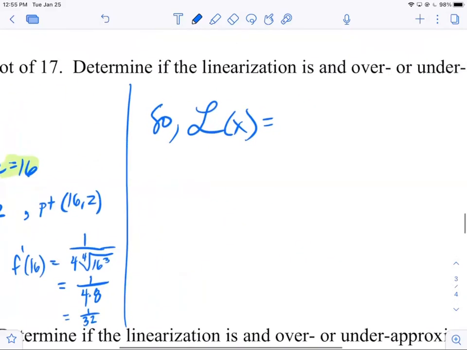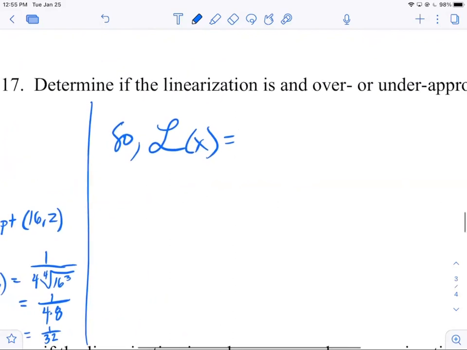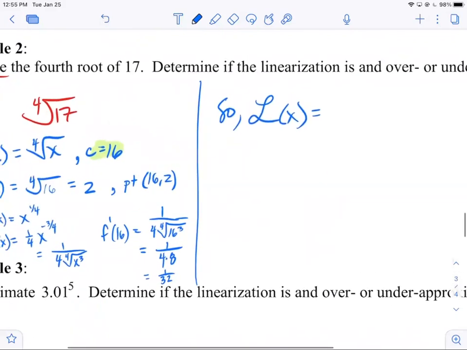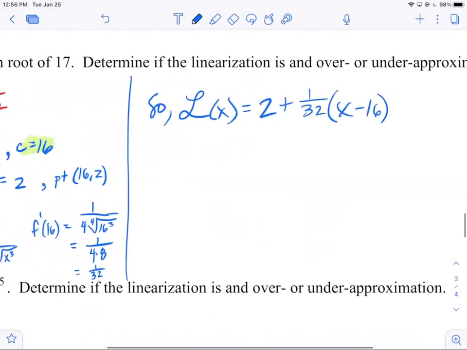I'm defining what L of x is here. L of x is the y value, which is 2, plus the slope 1/32 times x minus 16. There is the linearization of f of x.